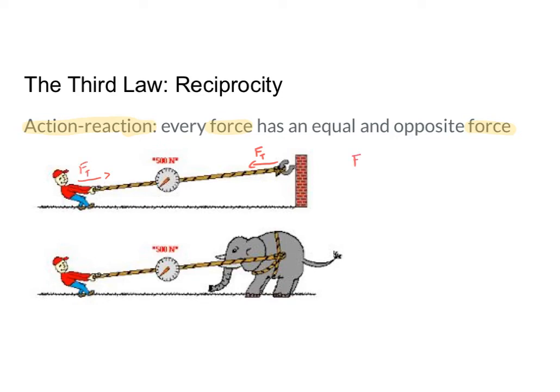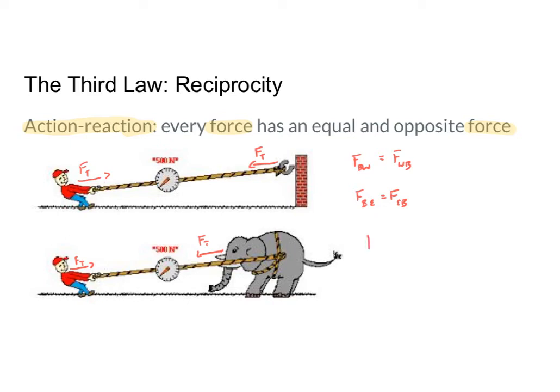So the force of the boy on the wall is equal to the force of the wall on the boy. Similarly, the boy is pulling on this elephant with a tension force. And that's going to be equal to the tension force of the elephant on the boy. So again, force of boy on elephant is equal to the force of the elephant on the boy.